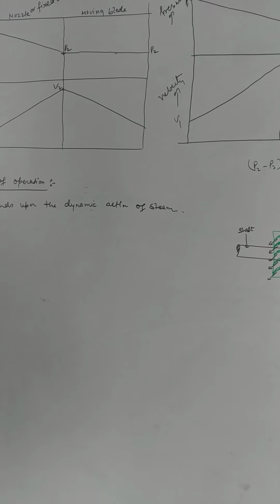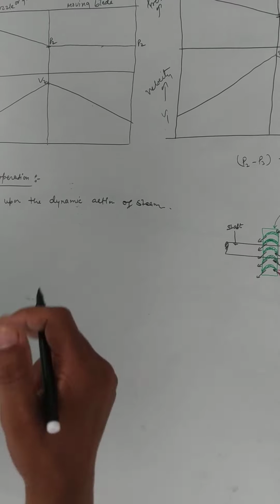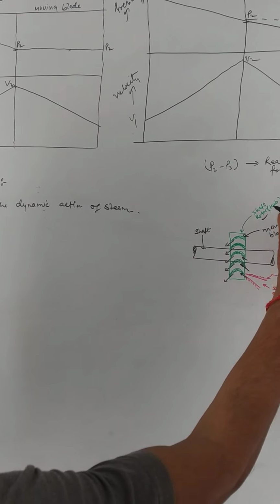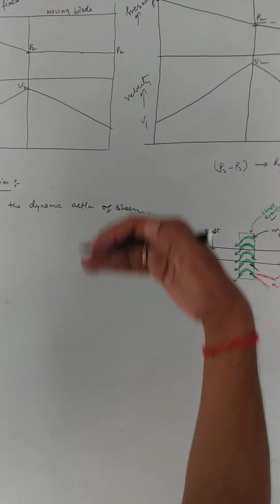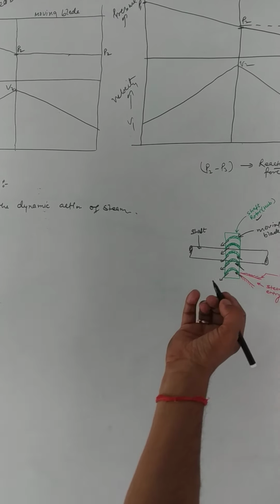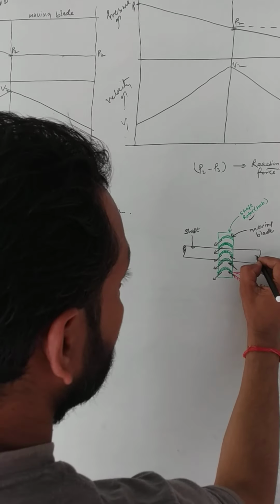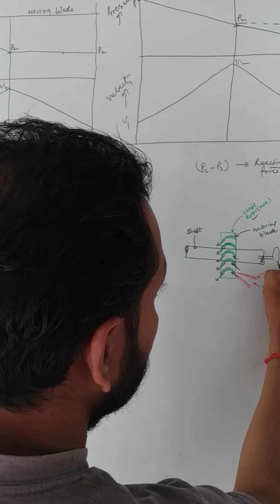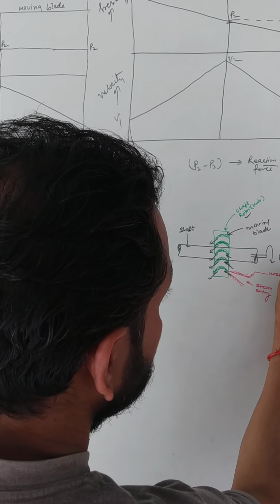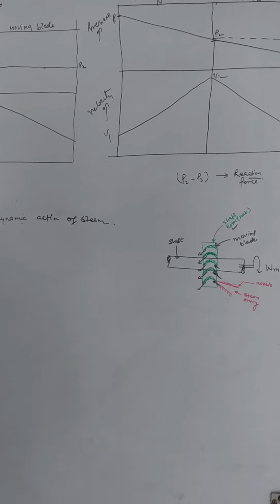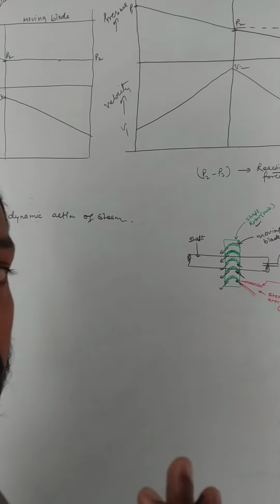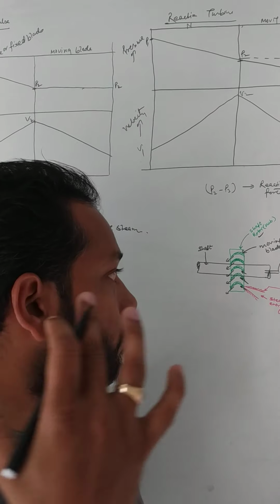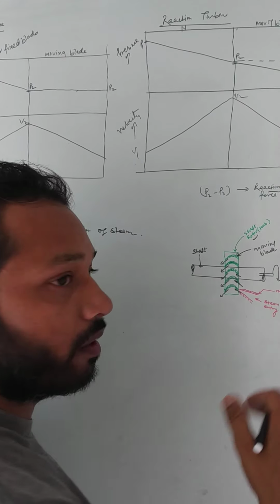This force is responsible for the rotation of the rotor or shaft. That's why the turbine rotates. After rotation, you obtain the mechanical work done at the shaft output. This mechanical work is further converted into electrical power with the help of a generator.